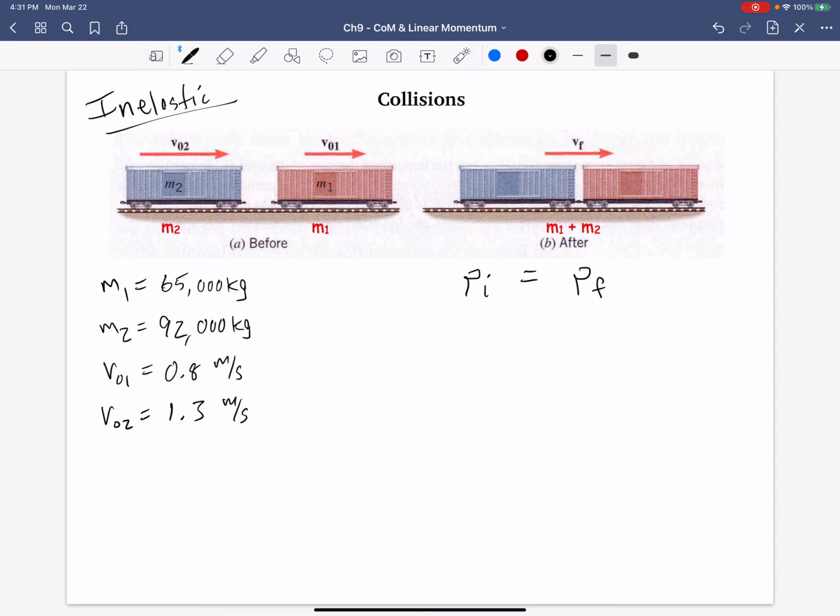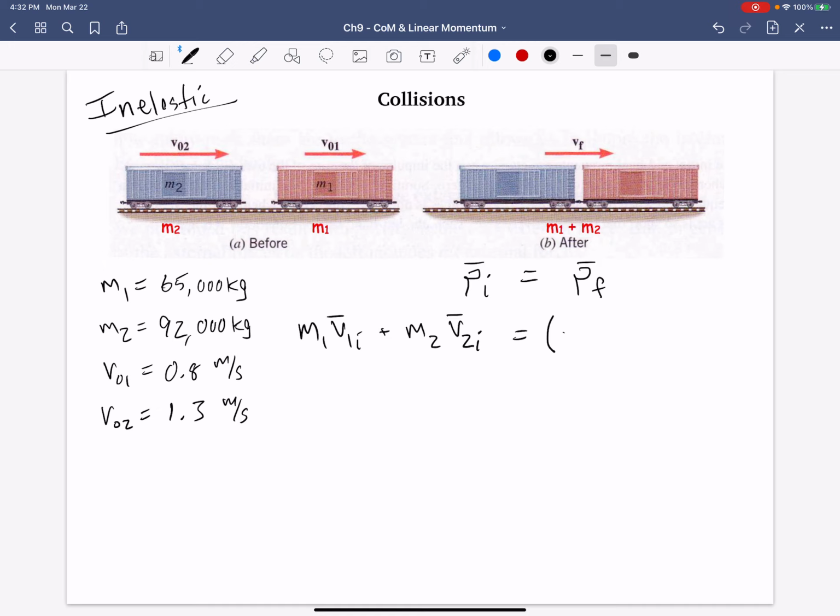So linear momentum conservation always occurs, right? But we can write it like this. M1 V1 initial plus M2 V2 initial, right? That part is unchanged. It's the final that switches a little bit. Now, momentum is still in the same form of mass times velocity.